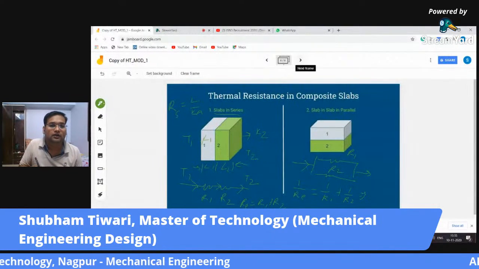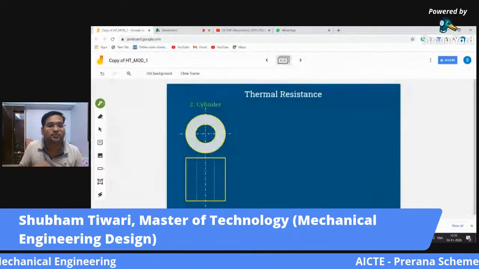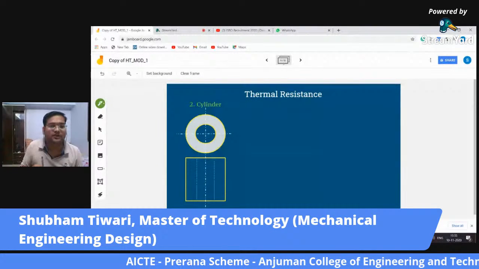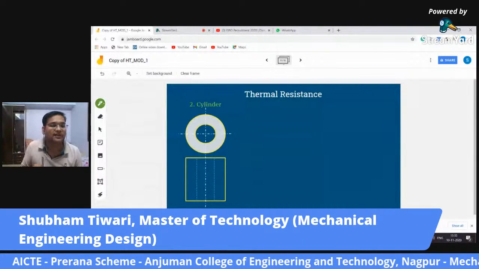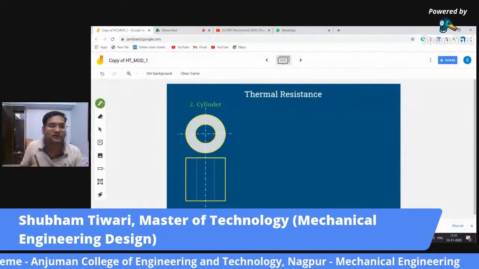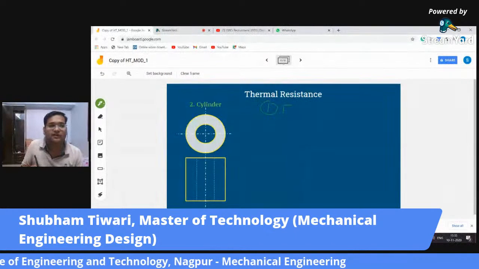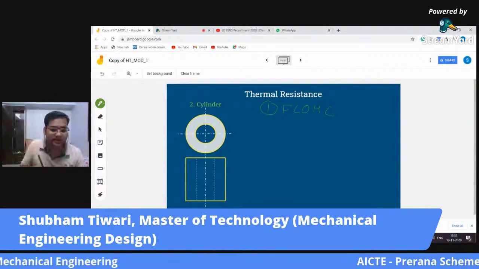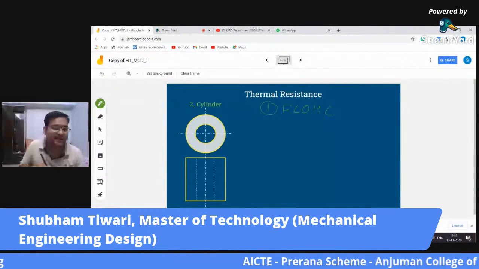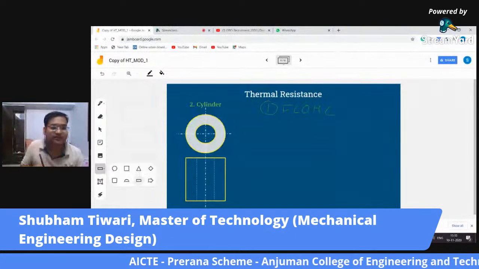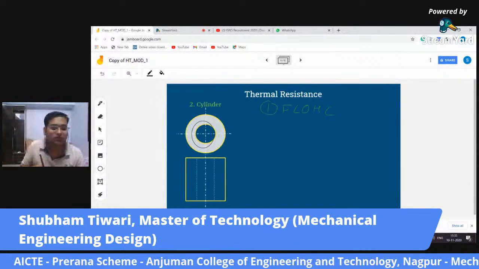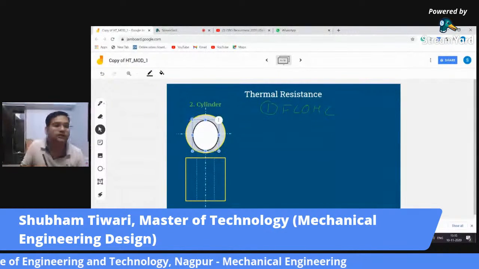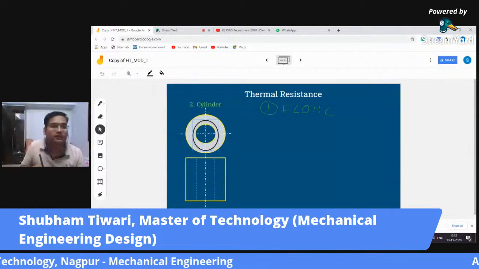Okay, now let's move towards the next shape. I will not be deriving this. This is for you to derive, but I will give you a hint on how to solve it. Number one, we have Fourier's law of heat conduction that we have to apply. In the earlier case, we took an elementary slab. Here we will take an elementary ring.